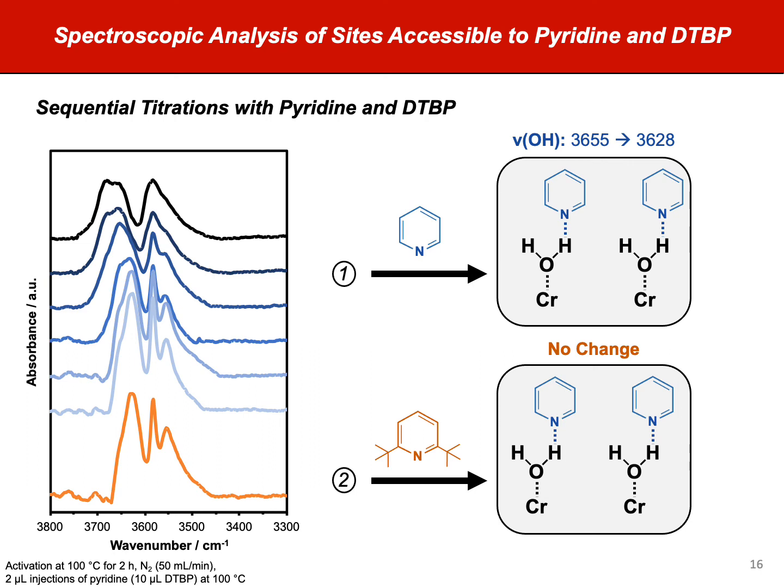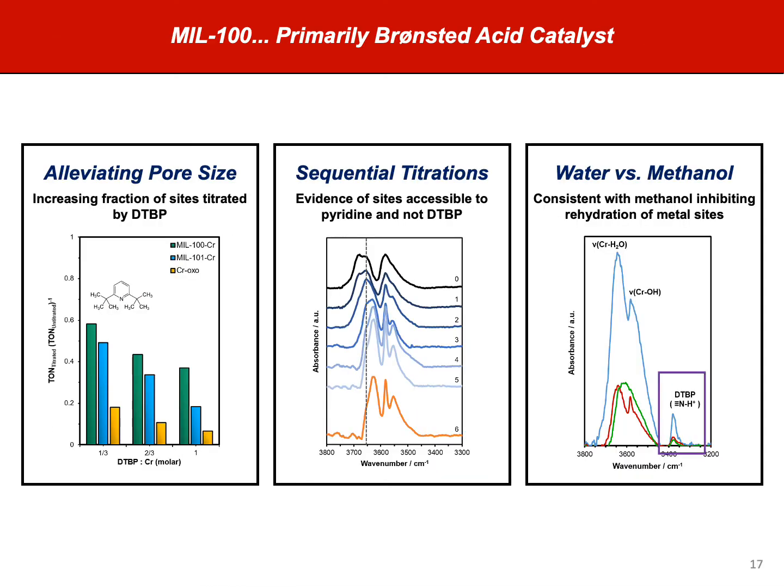What we note is that there is no further change in the frequency of the hydroxyl band. So what this is indicating is that because pyridine accesses every single Brønsted acid site, the introduction of DTBP after these pyridine pulses does not result in any change in the OH frequency, unlike the converse experiment described on the previous slide.